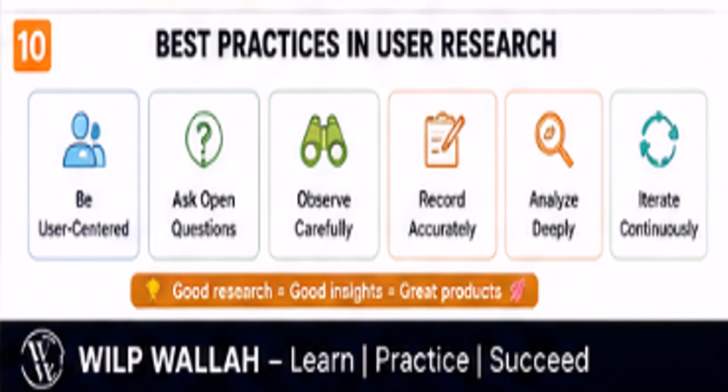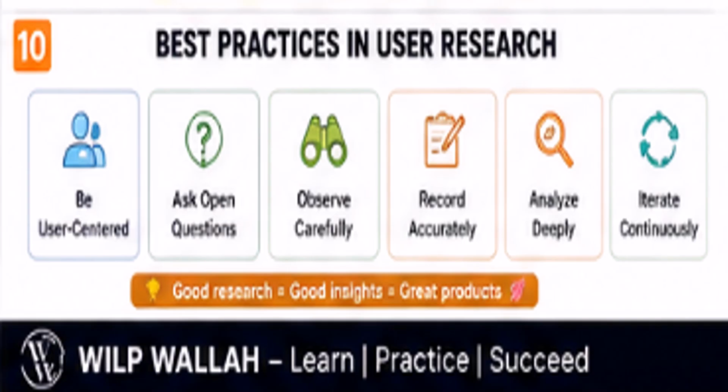Now, what are the best practices in user research? Successful user research follows several best practices. Always keep the user at the center of the design process. Ask open-ended questions to gather detailed insights. Observe the users carefully in real-world situations. Record information accurately and analyze the data thoroughly.